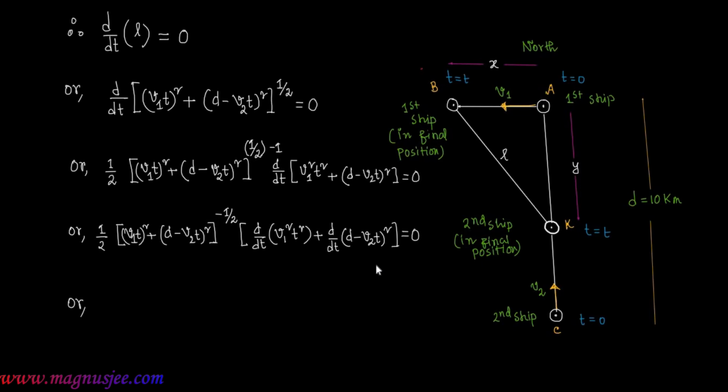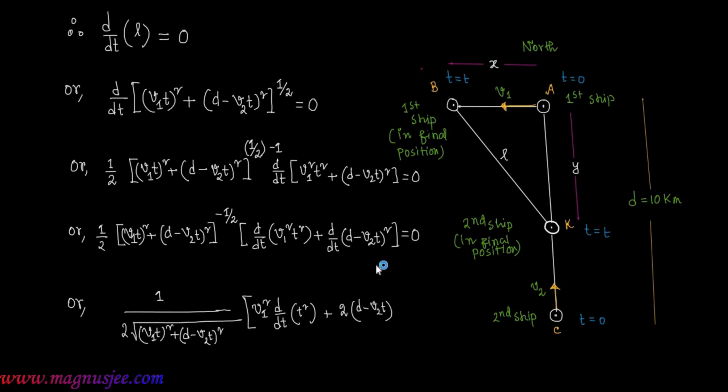Or, 1 divided by 2 square root of ((v1t) whole square plus (d minus v2t) whole square), into (v1 square is brought outside d/dt, that's why we get v1 square d/dt of t square plus 2 into (d minus v2t) multiplied by d/dt of (d minus v2t)) equal to 0.